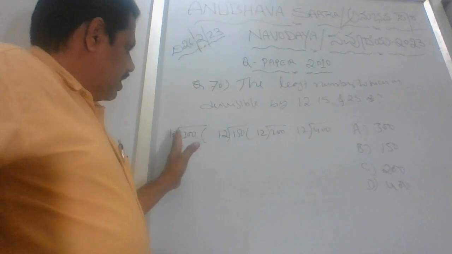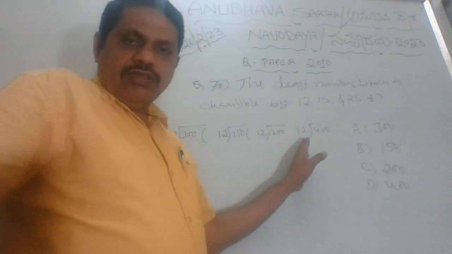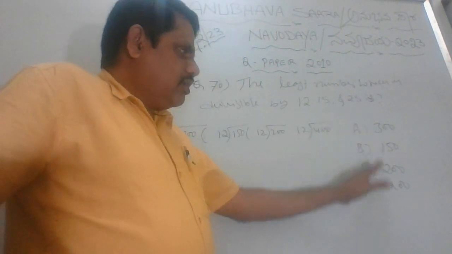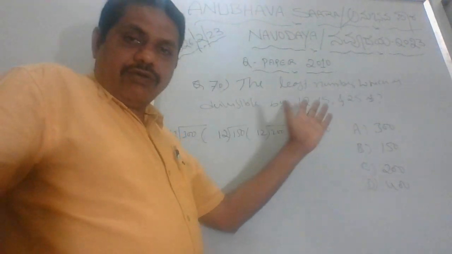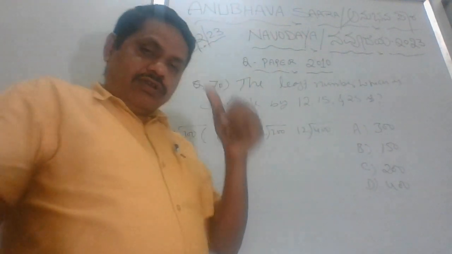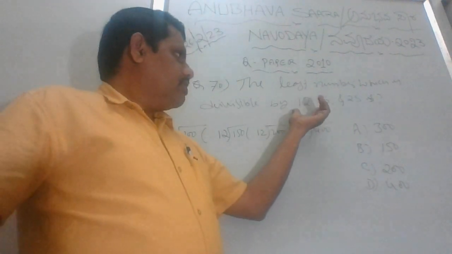I am writing these because I will check each one of the numbers, and based on that I will finalize the answer. Straight away I can tell the simple option directly. I will tell you how it is.